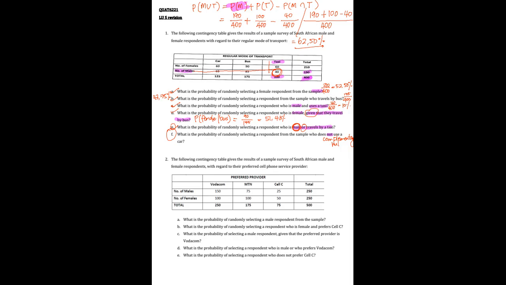As a general formula for the complementary rule, I'm just going to erase at the top so I have some space here. So a complementary rule says the probability of A not occurring. So not occurring is where you write the letter or the alphabet or the event with the line on top of it.